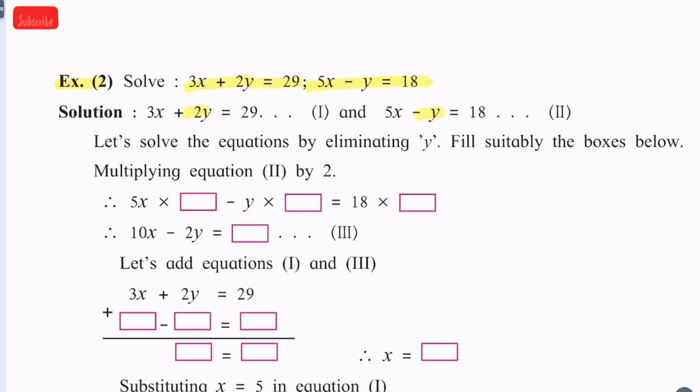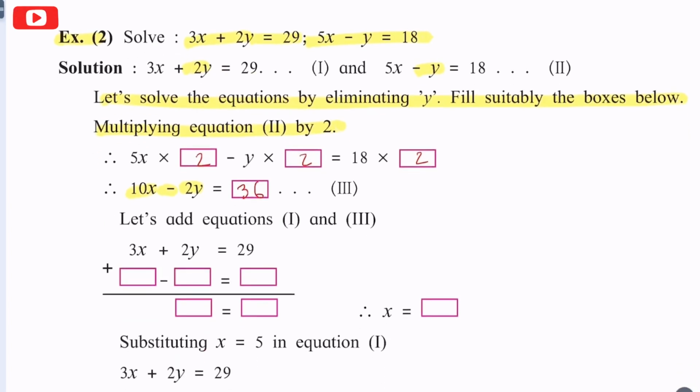Multiplying equation 2 by 2, we get 5x into 2 minus y into 2 equal to 18 into 2. Therefore 10x minus 2y equal to 36.